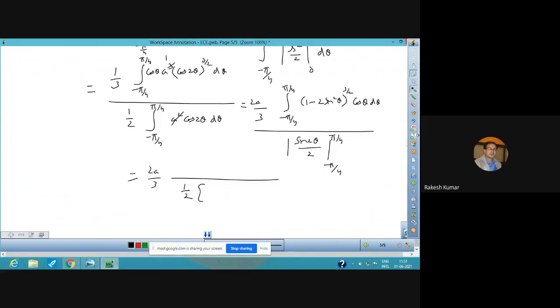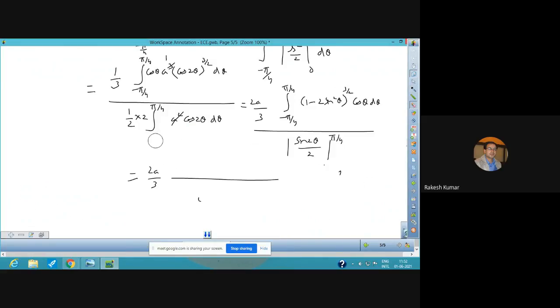Okay. One more thing you can do here, just to simplify it more. Just see, you can simplify more because cos is an even function here. So if cos is an even function, you can also multiply it with 2 and take the limits 0 to pi by 4. This can also be done. So that is 2 times and it becomes 0 to pi by 4.